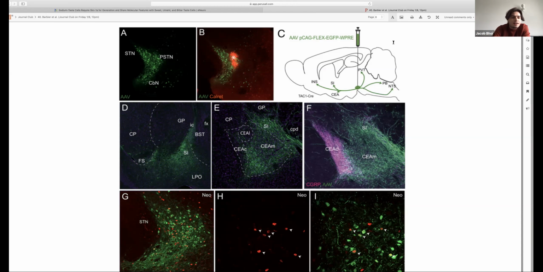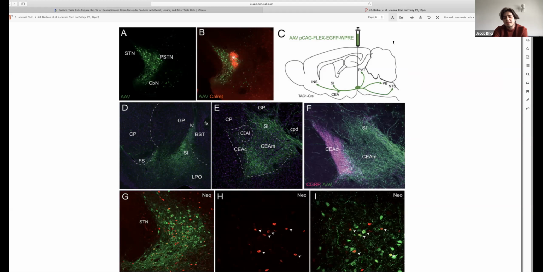And so then they found, so yeah, A and B just show the injection site with the red showing the center of the injection site. So you can see that it's pretty localized to that area. And then D through F are showing AAV and CGRP projections to the amygdala and SI areas that we saw in the rat, with green being projections from the PSTN.